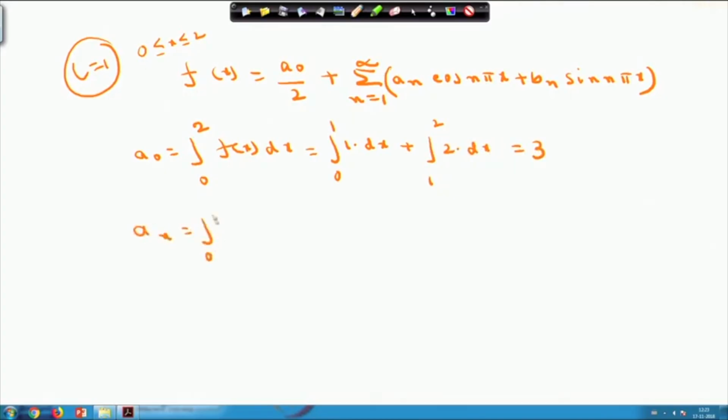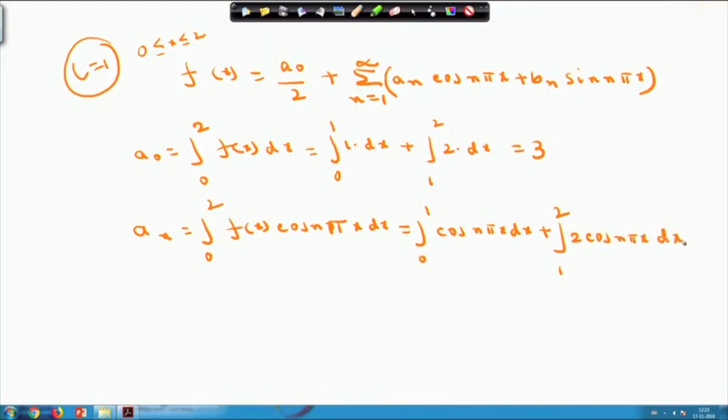Similarly, a n equals the integral from 0 to 2 of f x into cos n pi x dx. This equals, you can write down, the integral from 0 to 1 of cos n pi x dx plus the integral from 1 to 2, where the value is 2, so 2 into cos n pi x dx. If you evaluate the integrals, you will obtain the value of both the integrals as 0.